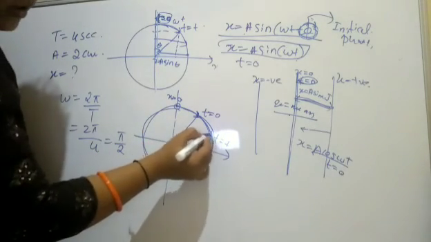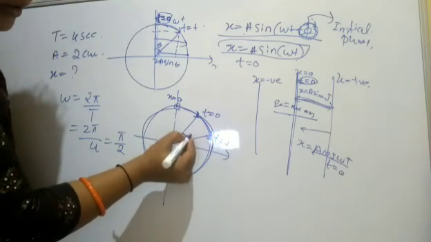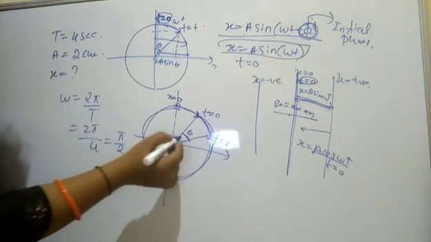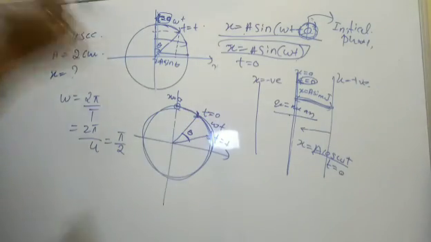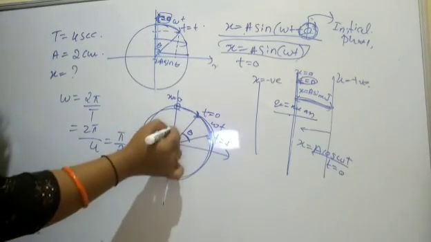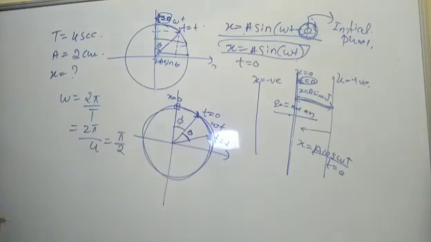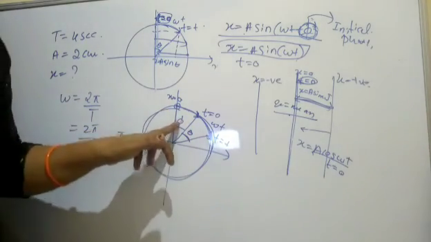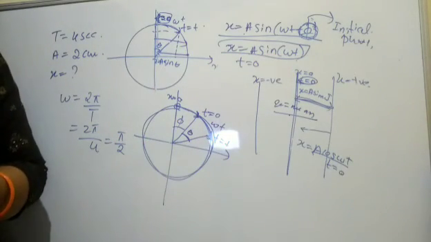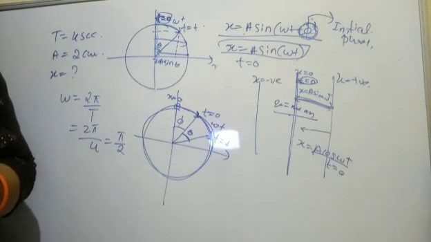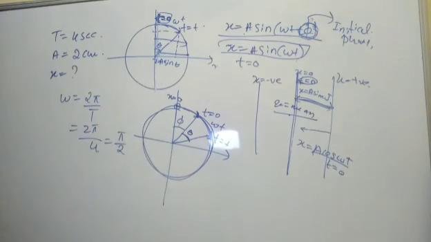So the angle swept, the angular displacement, is omega t here. What about this? This is nothing but phi. It is the initial phase where the motion started. So up to this you have understood.